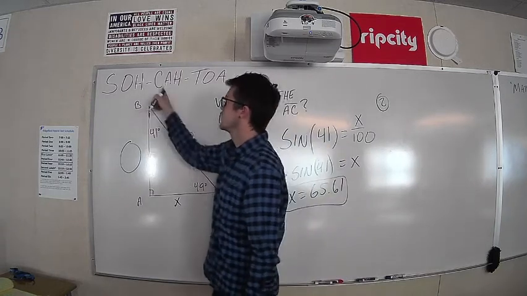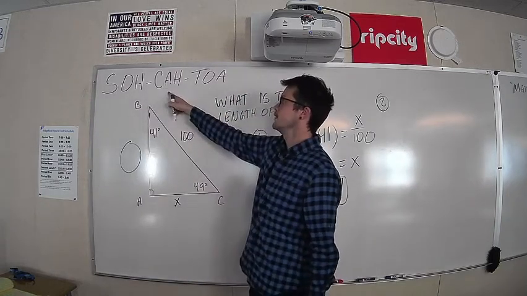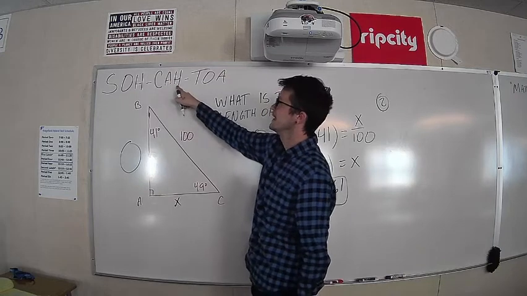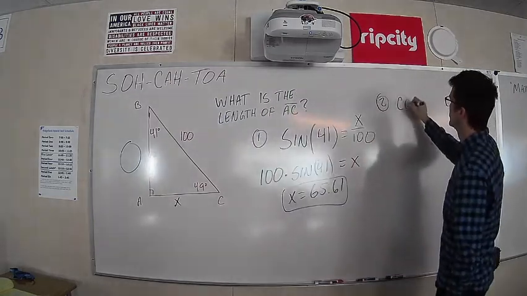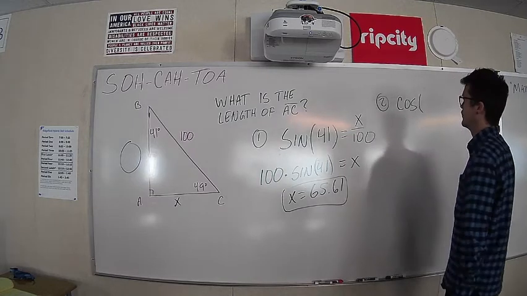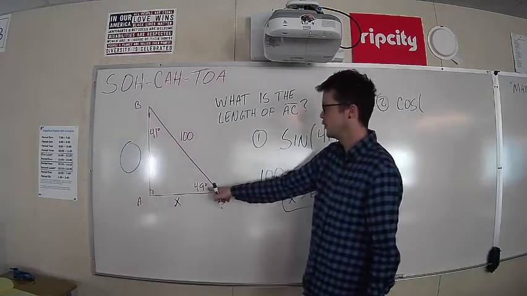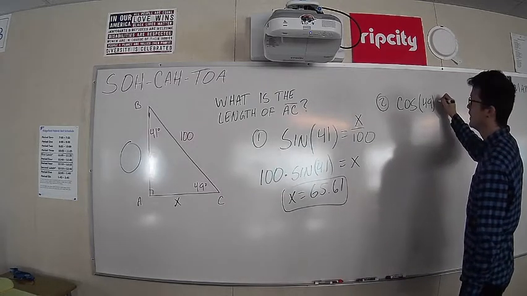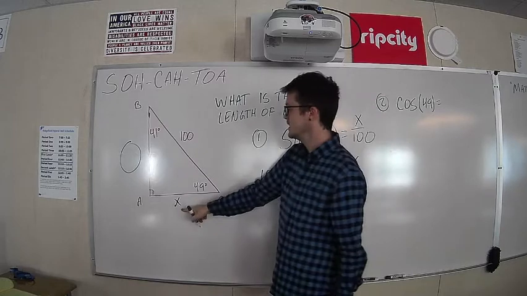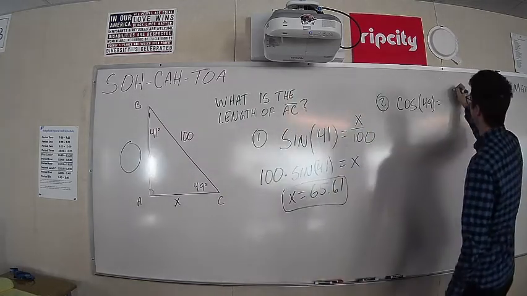Looking at SOHCAHTOA, there's a different ratio that deals with the adjacent leg and the hypotenuse. It's cosine. So we're going to set this thing up. Now it's cosine of angle C, which is 49 degrees. So cosine of 49 equals adjacent over hypotenuse, X over 100.